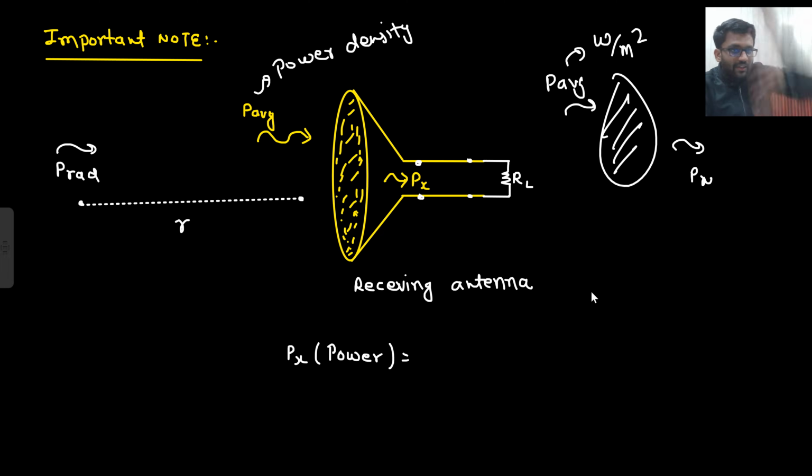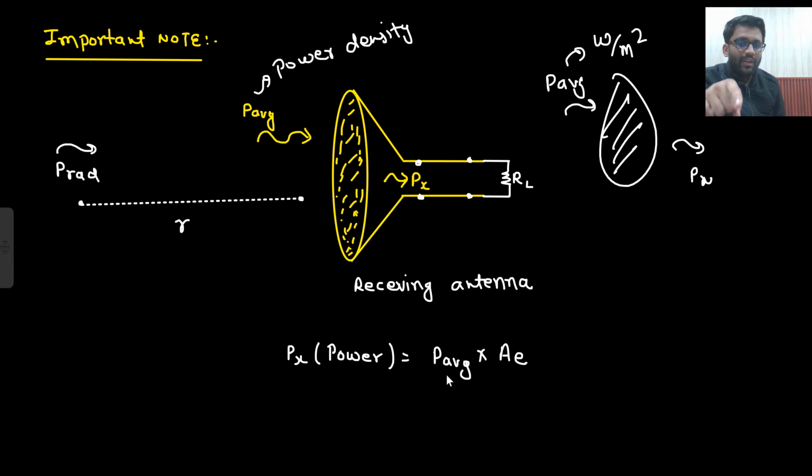Now after the aperture area, at the input of the transmission line, how much power is there? That power will be a very important formula: P average into aperture area, not maximum effective aperture area, not simple aperture area. This is your effective aperture area. So this Px power will be P average into effective aperture area.